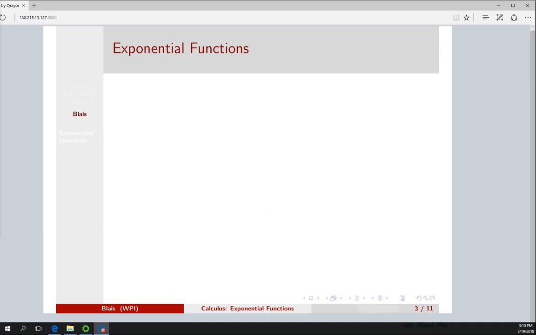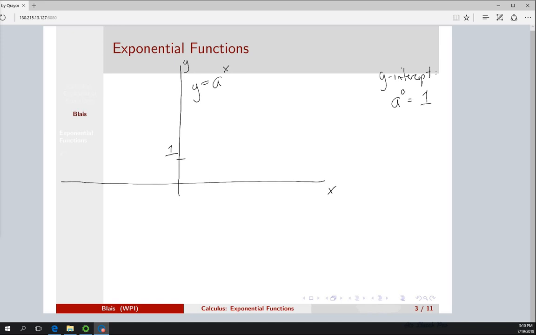So because of this, we can fill in what the graph will look like. If we want to look at the graph of y equals a to the x, first of all, they will always have a y-intercept of 1 because a to the 0 is 1. We know that from our exponential rules, which we'll actually summarize on the next slide. Why don't we just draw the general picture.